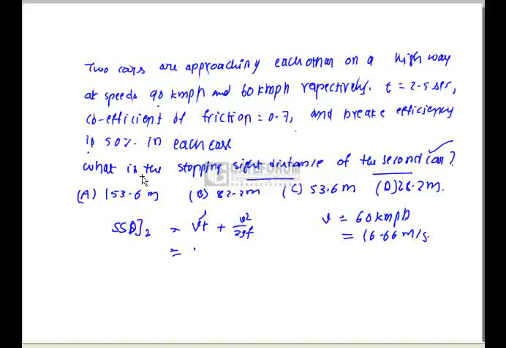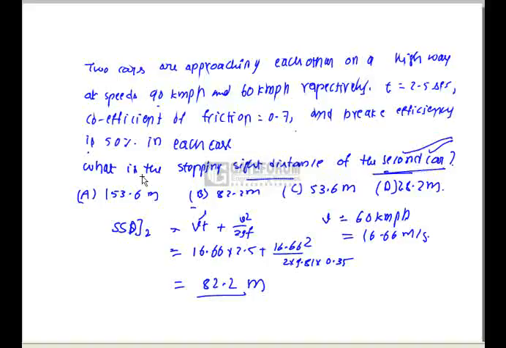So by substituting this V, we will get 16.66 into 2.5 plus 16.66 square by 2 into 9.81 into 0.35. That implies 82.2 meters is the stopping sight distance of the second car. So option B is correct.